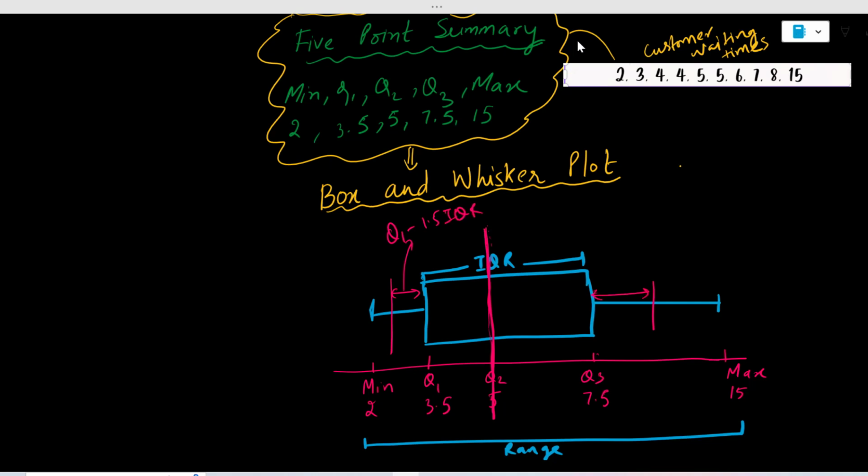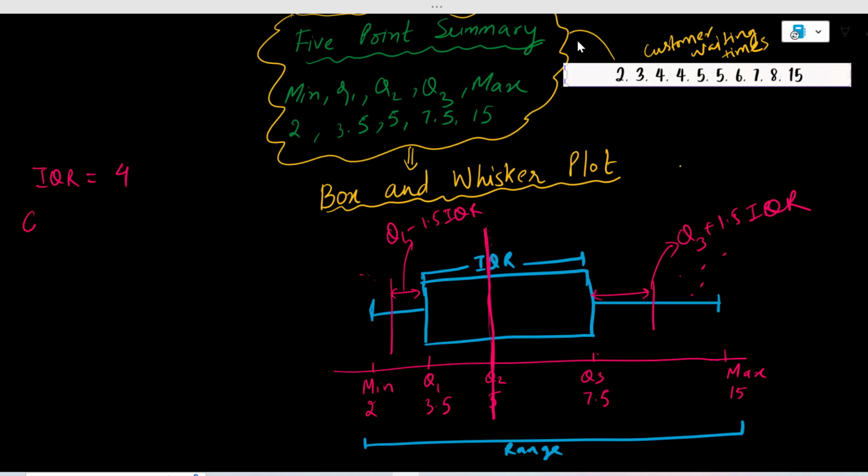This value is Q3 plus 1.5 IQR. Any data point beyond this point is identified as outlier. So in our case, we have IQR equal to Q3 minus Q1, which was 4, right?